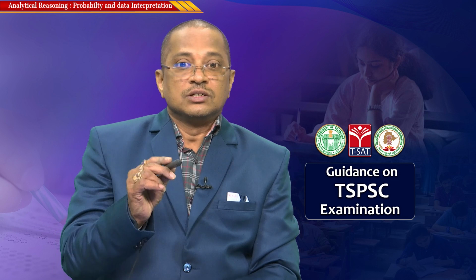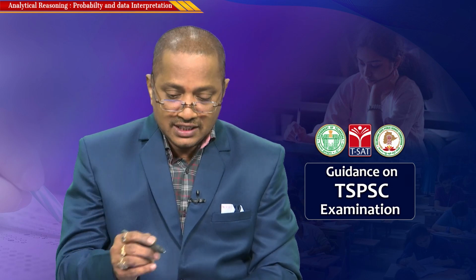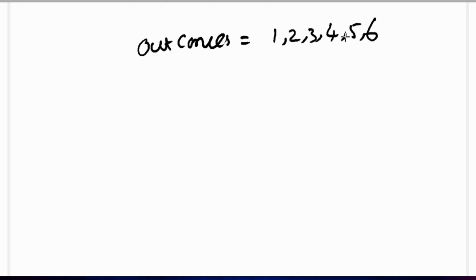Okay, when the die is thrown, what is the probability to get an even number? This is the question. So what are the total outcomes for the die? The total outcomes are 1, 2, 3, 4, 5 and 6, correct?